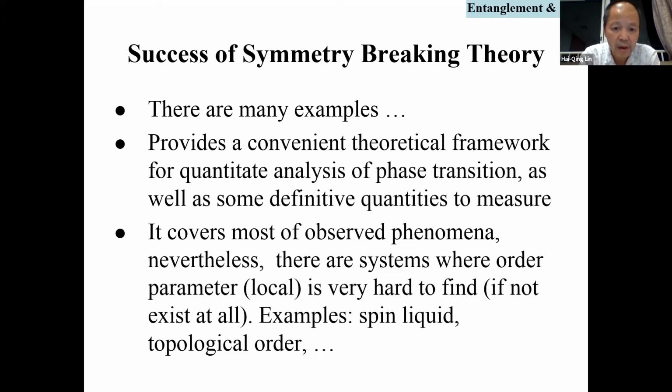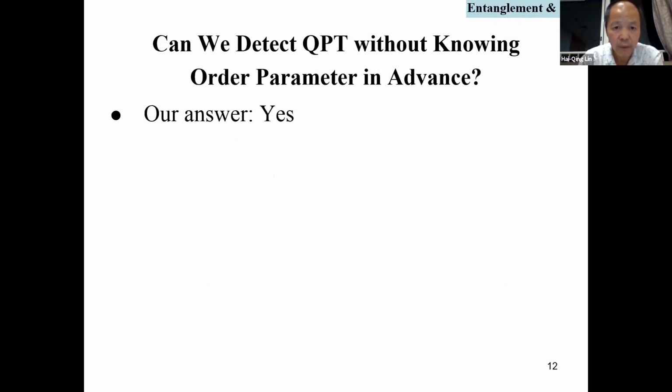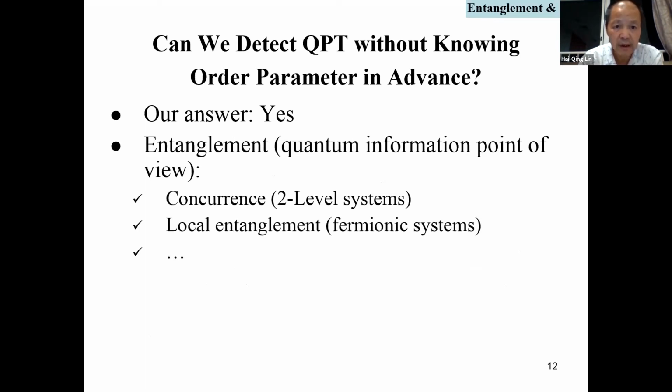However, as I mentioned, there are systems where the order parameter, especially a local order parameter, is very hard to define. For example, in spin liquid, topological order. So whether we can detect quantum phase transition without knowing the order parameter in advance, the answer for us is yes. There are many examples, and today I will show you two.